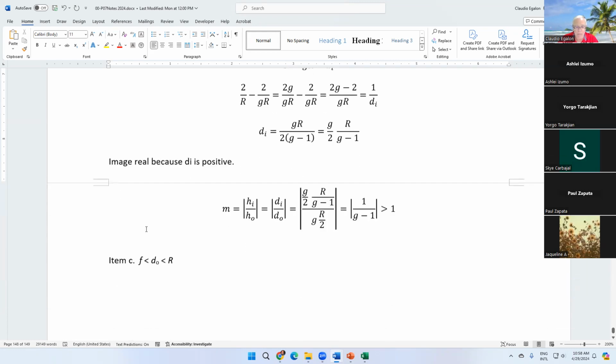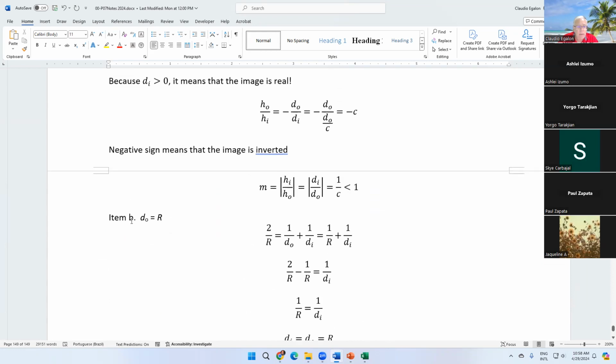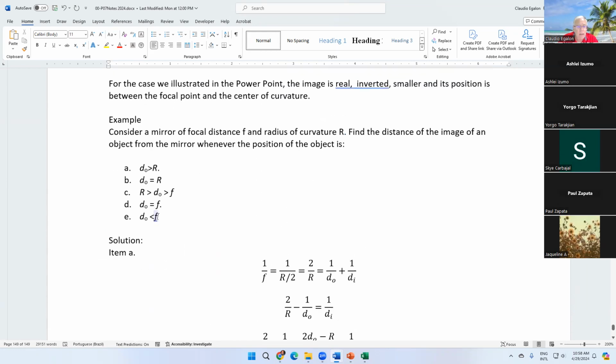The I is positive. Here, image magnifier, and so on. Okay. The next item would be those two here.